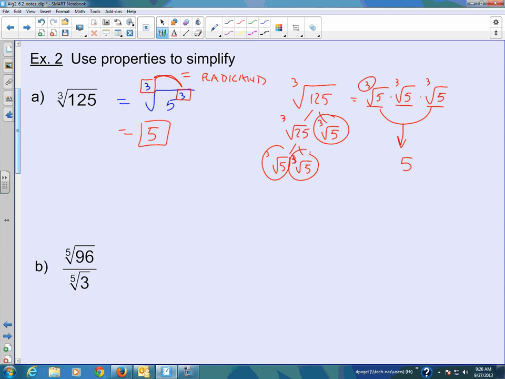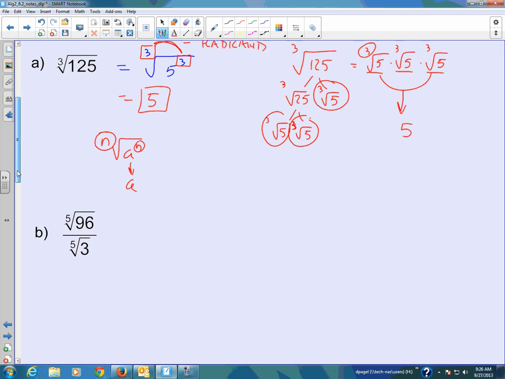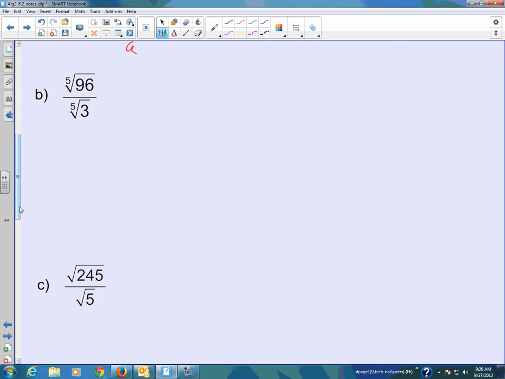So the power number on a radical tells me the number of identical roots I would need for there to just be a radicand that comes out of the problem. These two match, then just A results. So let's keep that in mind as we work through these problems here.